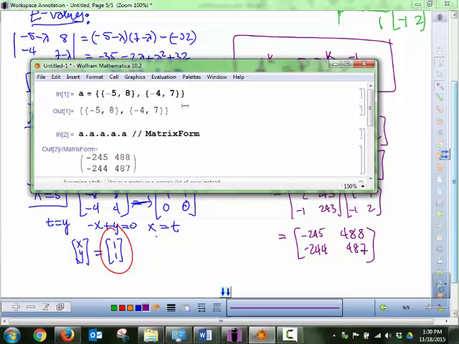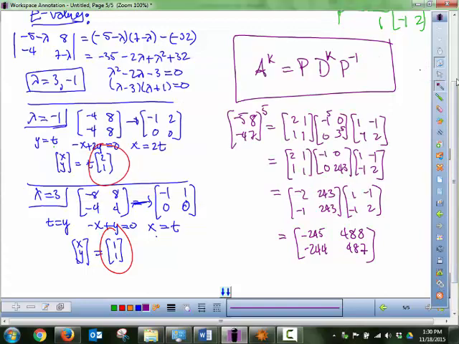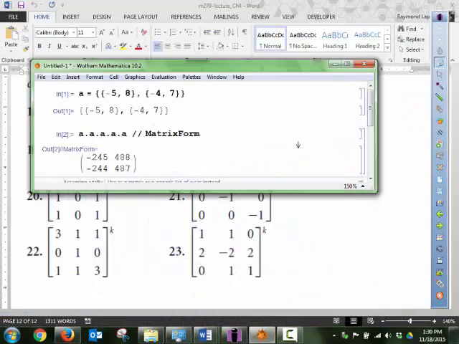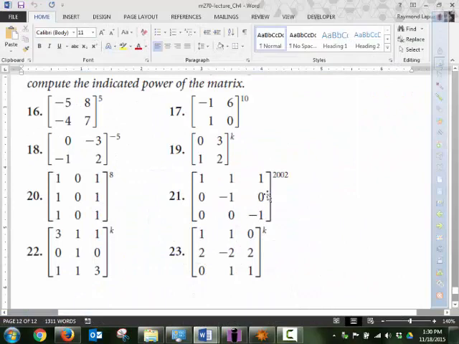Yep, looks good. All right, so the fifth power might not be so bad, but if you take a look at one of the other questions here, it's raising it to like the 2002 power, or raising it to the kth power. I think that's a little bit more challenging, more interesting.